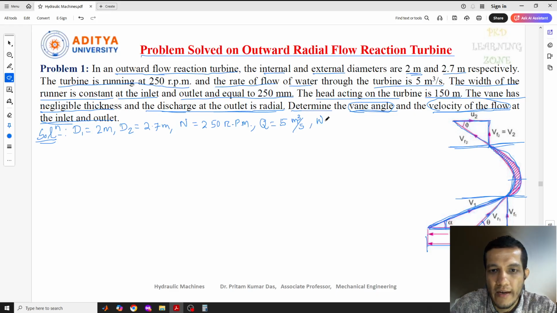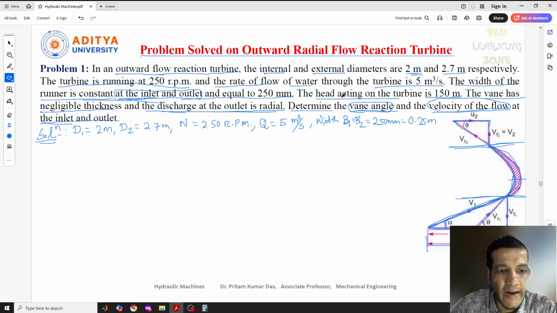We can write width is constant at inlet condition and outlet. It is given actually that the width of the runner is constant at inlet and outlet. That means there is no change of the width at inlet and outlet condition, and that is equal to 250 mm. That means B1 and B2, inlet and outlet width, is equal to 250 mm, and this one also we can write as 0.25 meter.